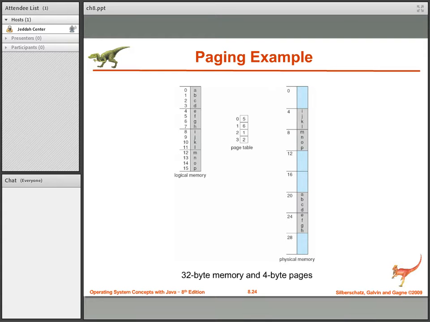In the middle, you can see the page table mapping the logical memory into the physical memory.